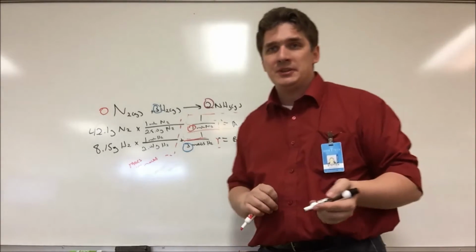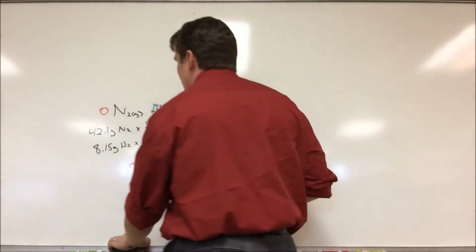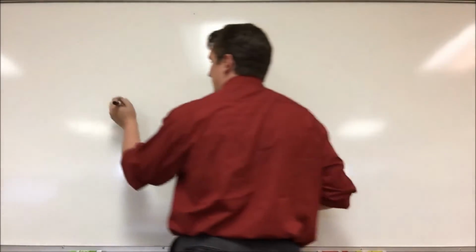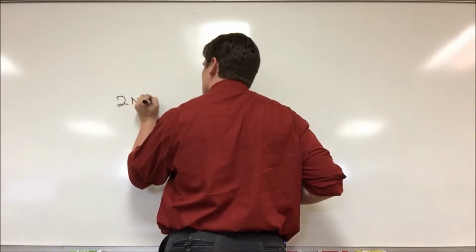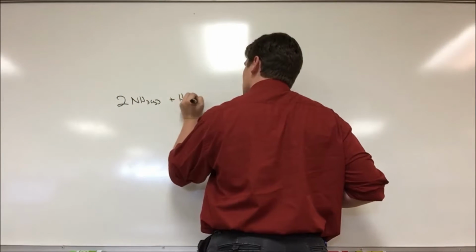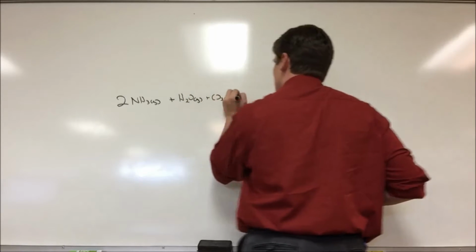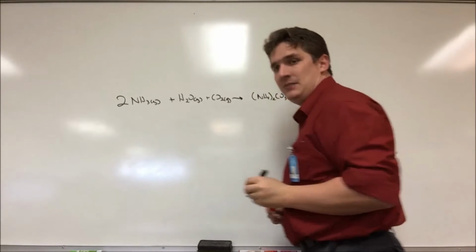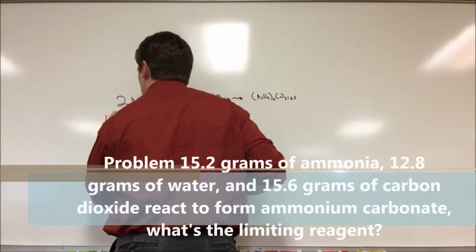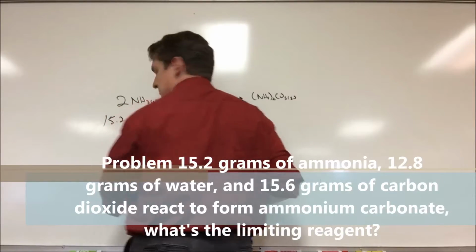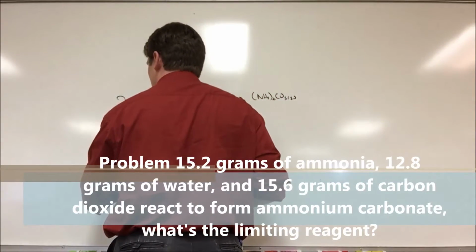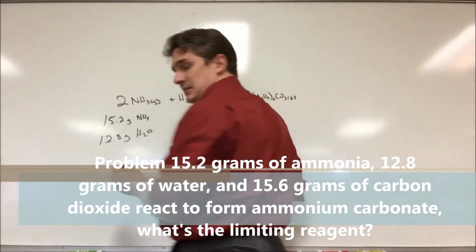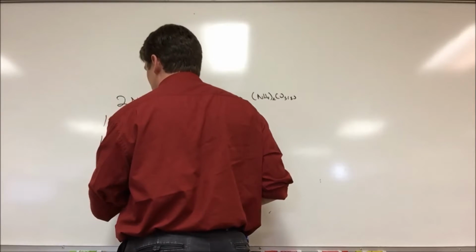Now this becomes a lot quicker if you look at something like ammonia and H2O reacting with CO2 to form ammonium carbonate. So if we had 2 NH3 gas plus water plus CO2 going to (NH4)2CO3 solid, and I gave you 15.2 grams of NH3, 12.8 grams of H2O, and 15.6 grams of CO2.